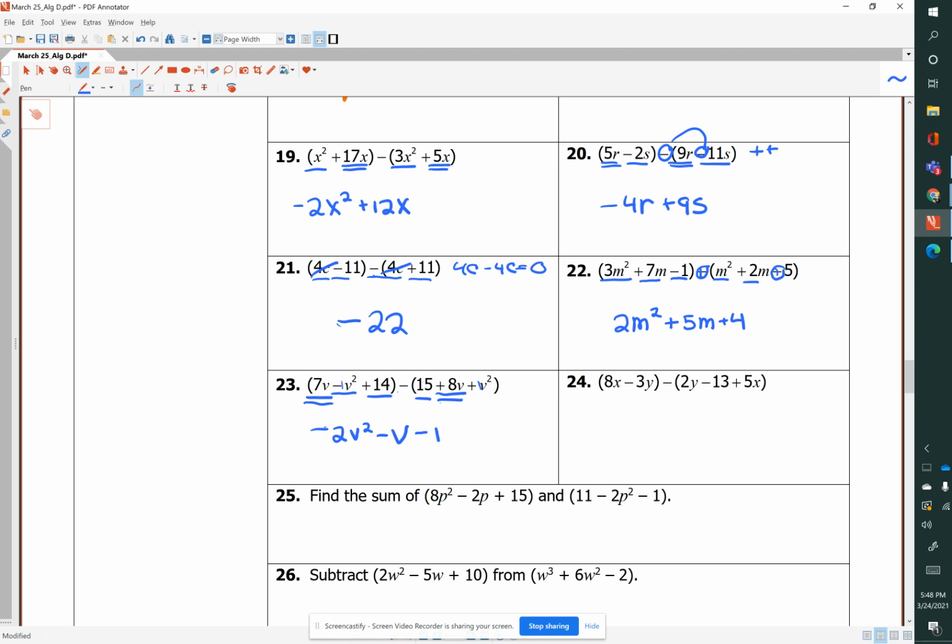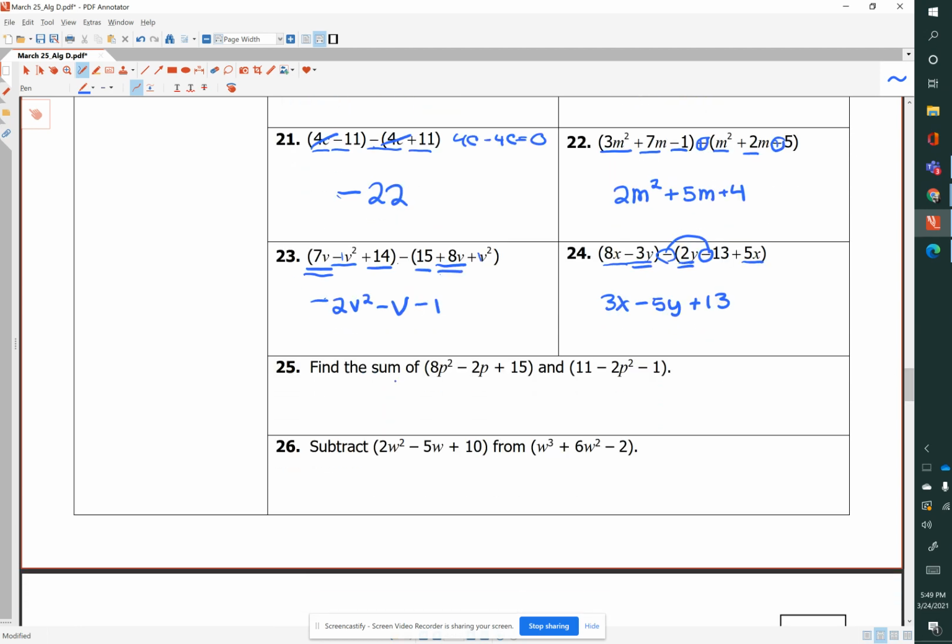And number 24, let's do the x's first. We have 8x minus 5x would be 3x. Negative 3y minus 2y would be negative 5y. And then we have that plus 13 because we're subtracting a negative. So it would be plus 13.